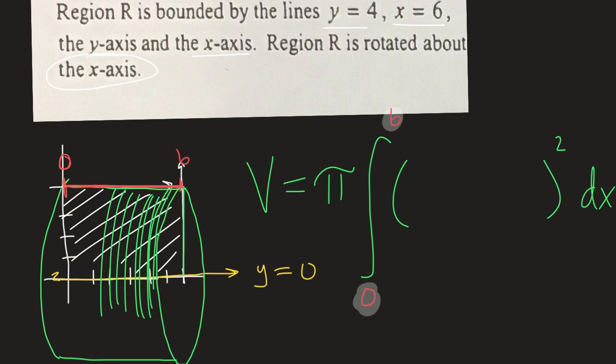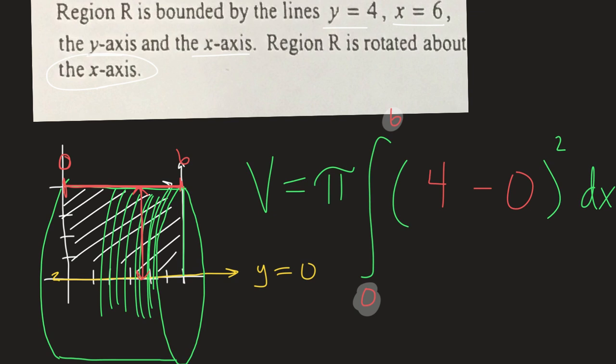And then the radius is the distance from the farther equation to your axis of rotation. So in other words, 4 minus 0, because this is the line y equals 4, and here is your axis of rotation, y equals 0.